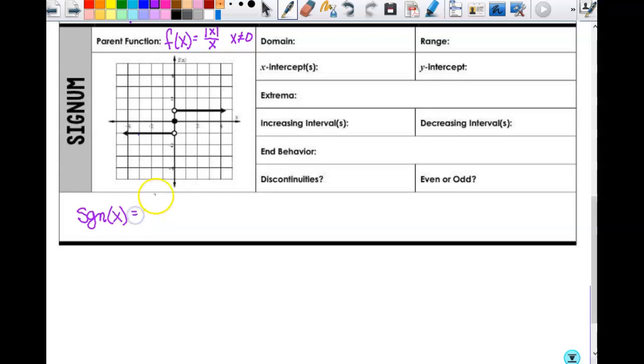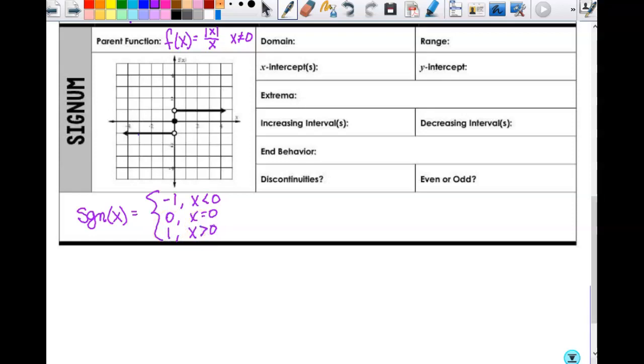So signum of x, to write a piecewise function, you have to have a little bracket because all of this is happening here. Signum of x equals negative 1 when x is less than 0. It equals 0 when x is 0. And it equals a positive 1 when x is greater than 0.